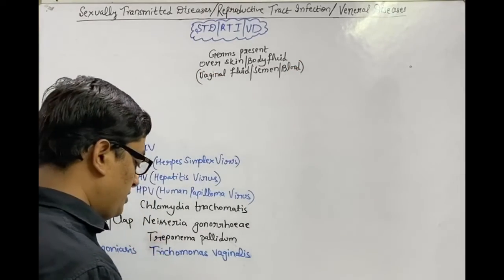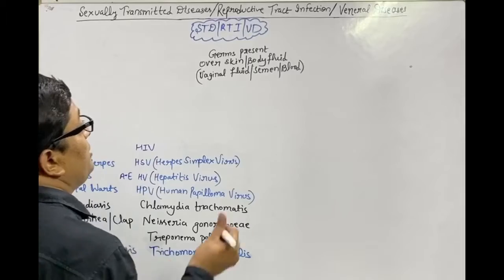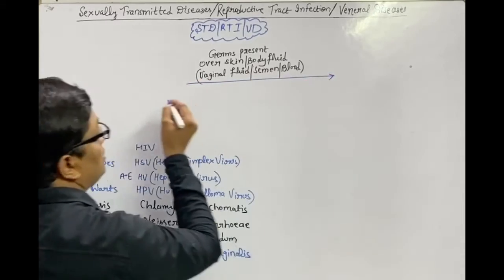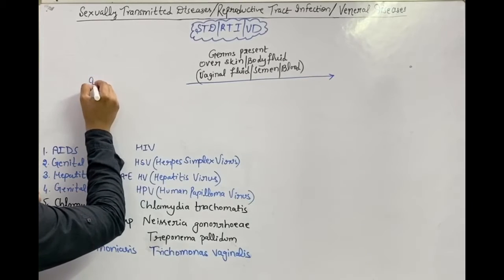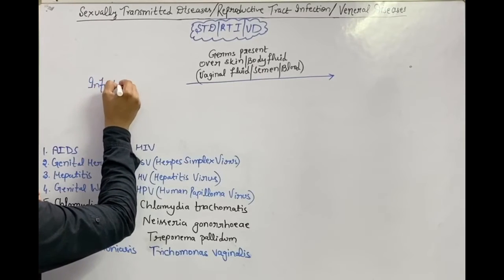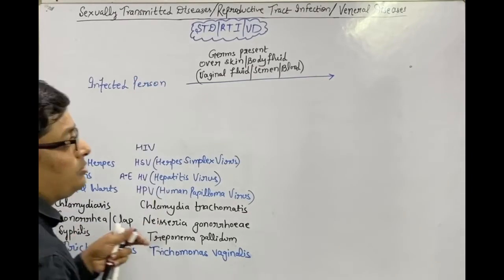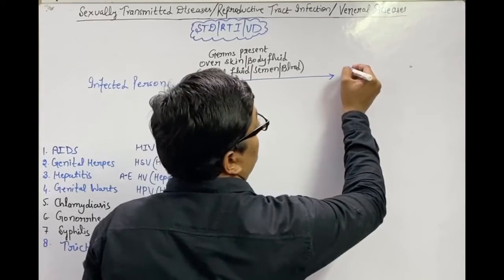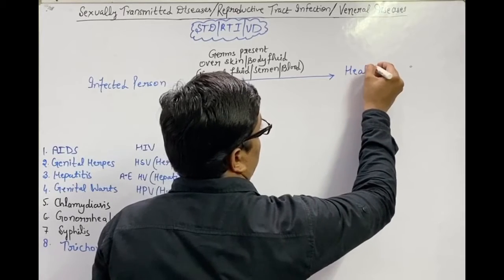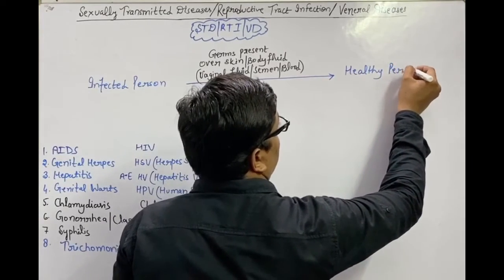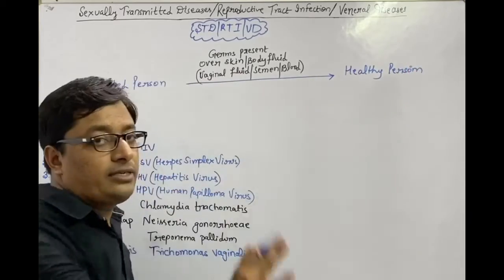So they can be transmitted from an infected person to a healthy person and make them infected when they come in contact.